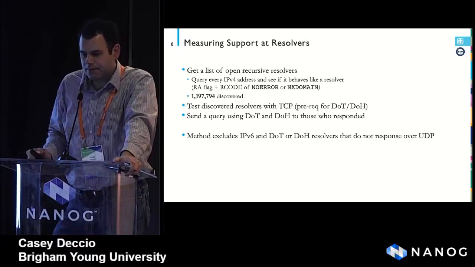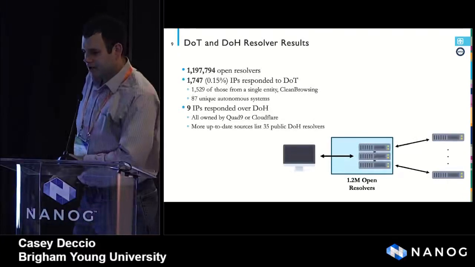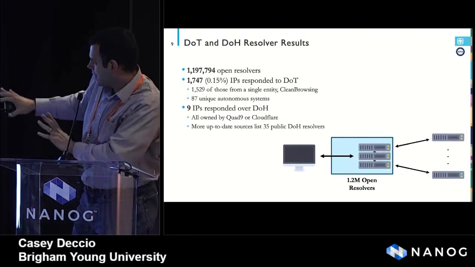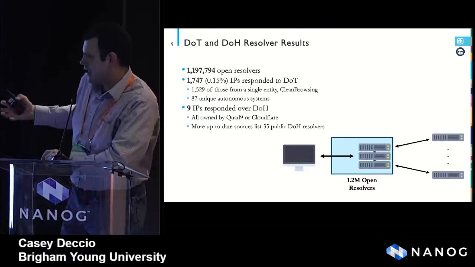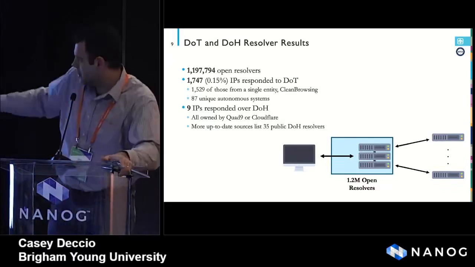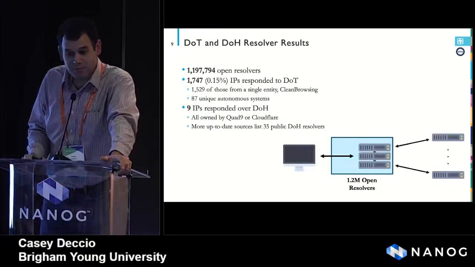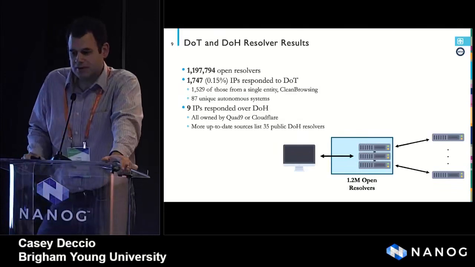So in terms of looking at resolvers, if you look at the highlighted portion, we were looking initially at the resolvers on the receiving end, who was able to receive DoT. That blue square covers the receiving end of the resolvers. We found that about 0.15% of the open resolvers that we hit responded to DoT, so about 1,700.